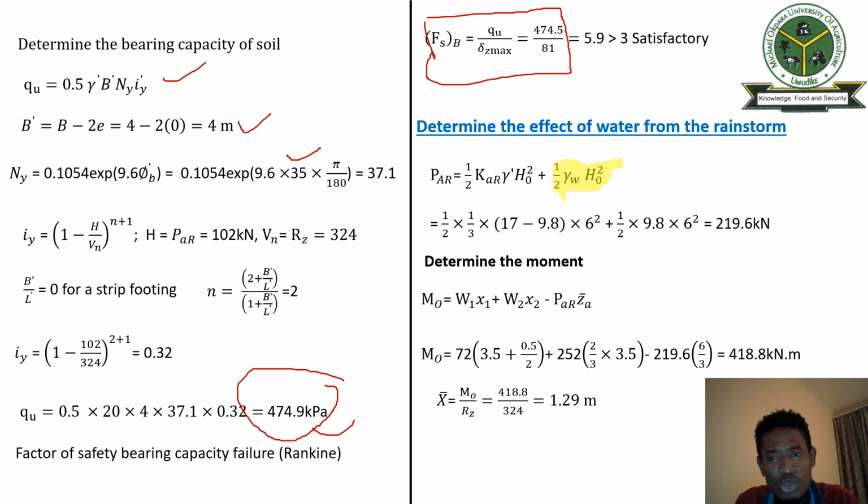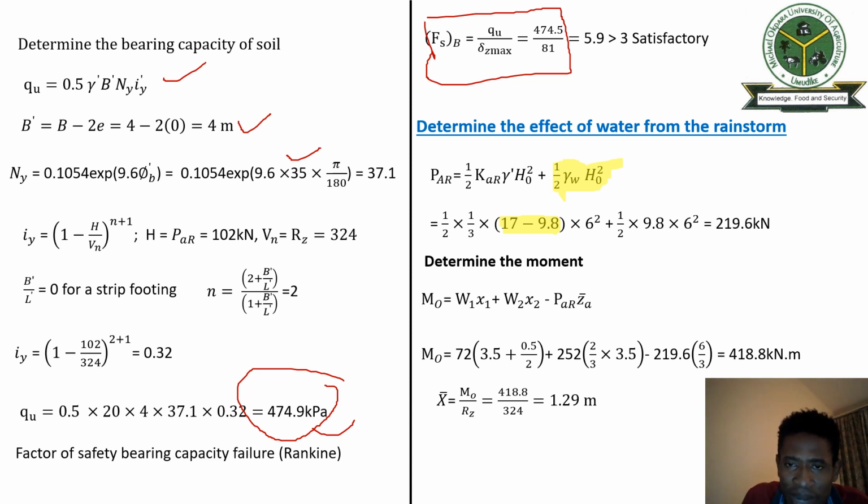The second thing you are going to note is you will now use effective unit weight. Instead of this 17, you are going to subtract the unit weight of water from the 17, because the soil is now submerged.